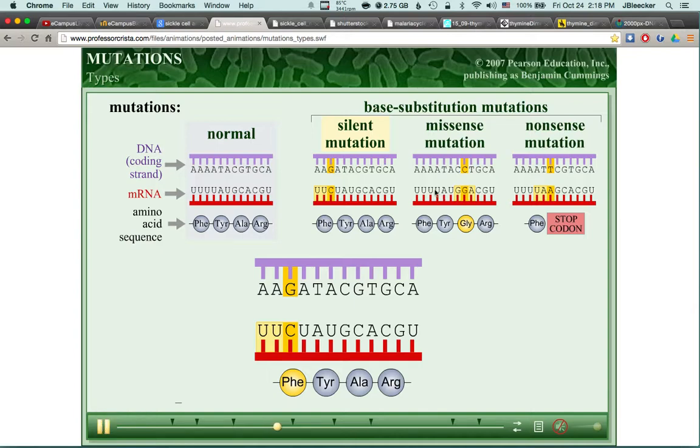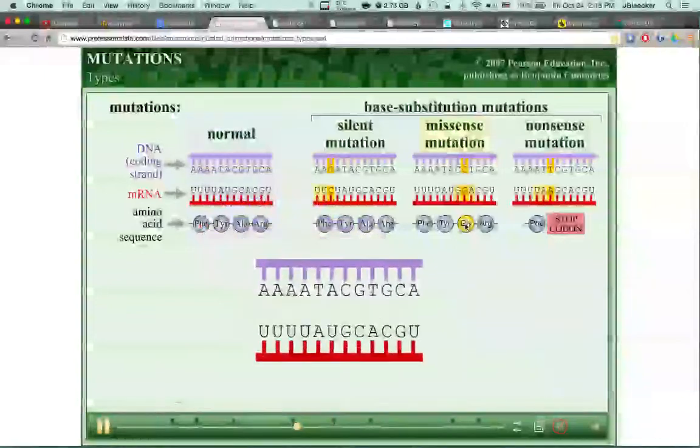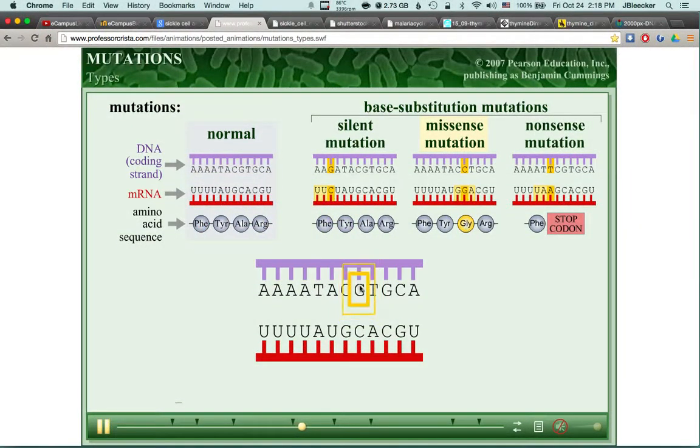Now you can get something called missense, where a mutation happens and now you've got a crazy word in your DNA sentence. So if a change happens, we'll go down here a little further and change this guanine a little bit. You originally expected to have, let's go to alanine, a G, C, and an A. But now what you've got is GGA.